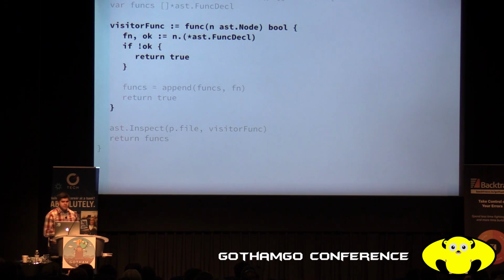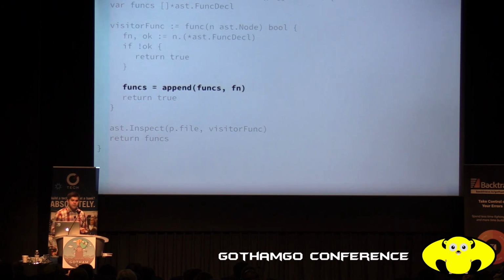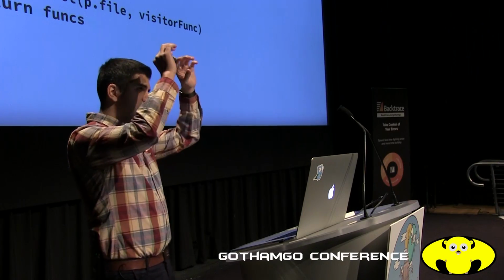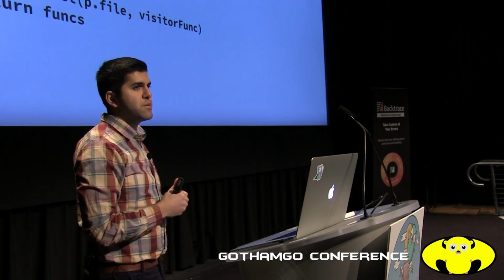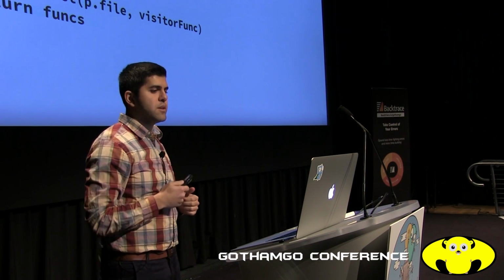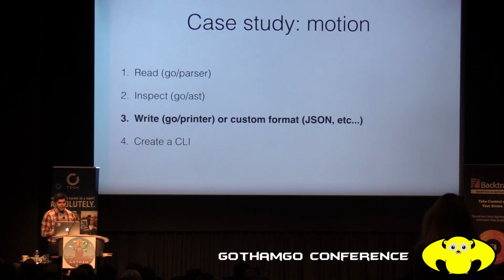We are writing a visitor function, and we're going to say, for every single node you visit, please look for the function declaration, and then append it to the slice of functions. And then I'm calling the AST inspect function, which traverses all the nodes and collects all the function declarations for me, and then I'm returning the functions.